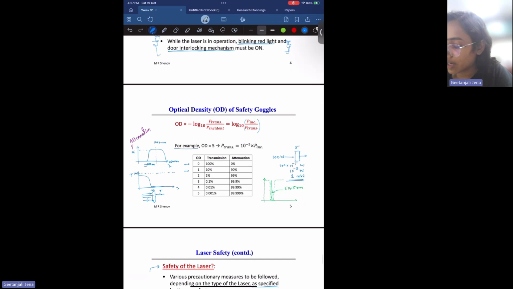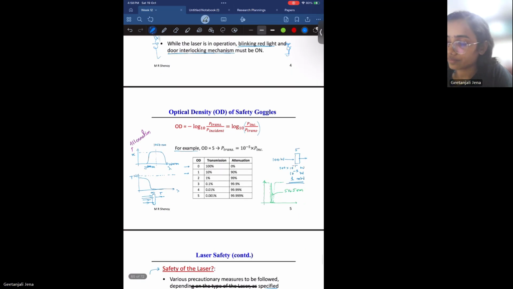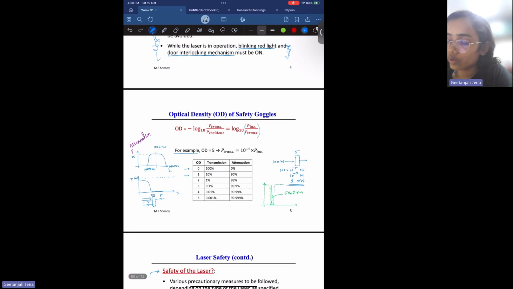Now let us see what is OD. OD means optical density. It indicates how much power can be attenuated by using goggles of specific optical density.